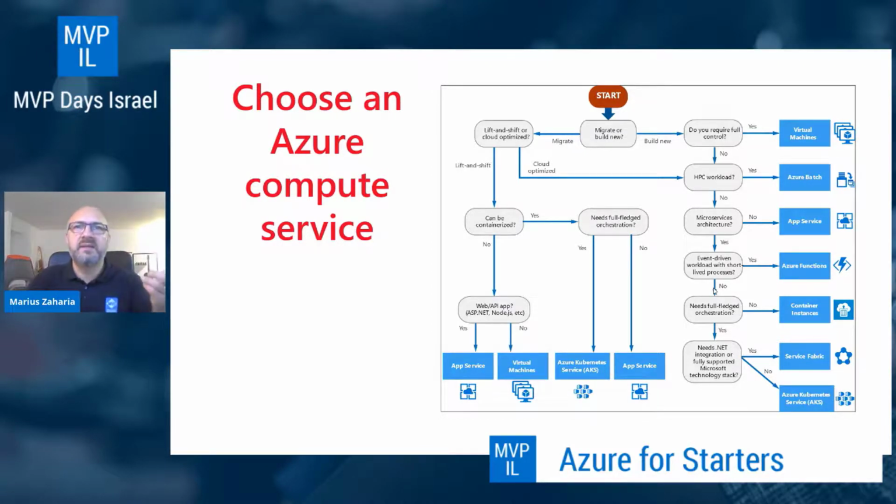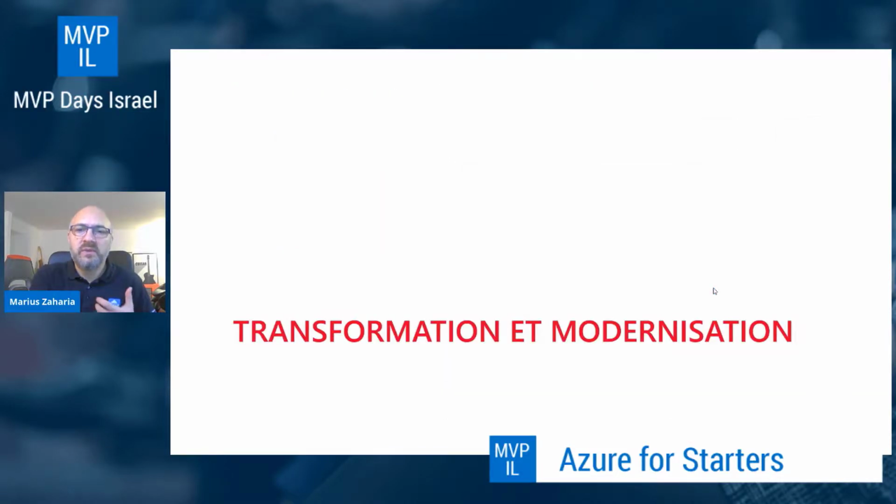These are things inspired from the Azure documentation, and you can definitely look for this kind of information, especially on the Azure Architecture website portal, in order to simplify this choice and simplify this composite building. Okay. And I wanted to speak at the end. We are close to the end of our session about the transformation and modernization.